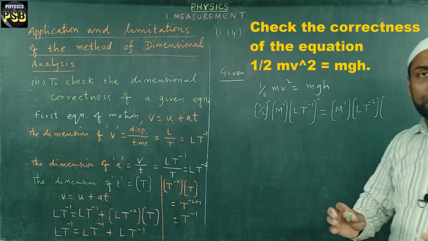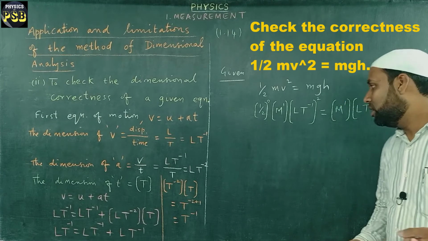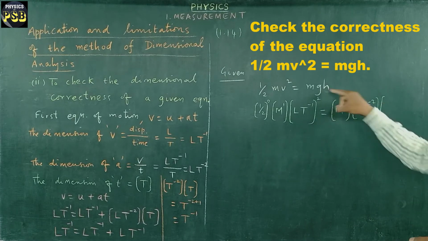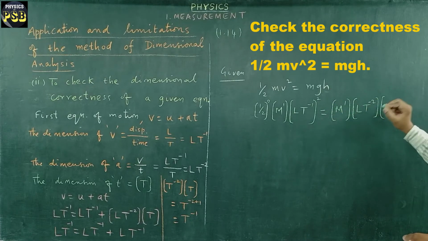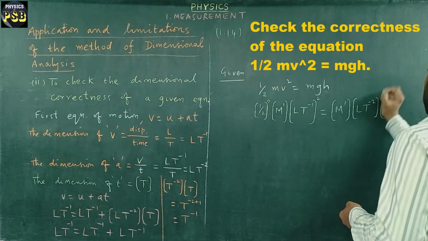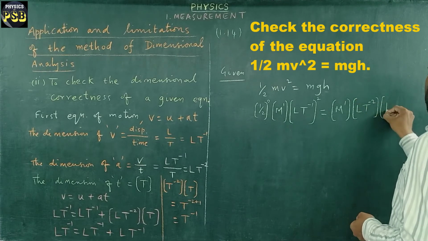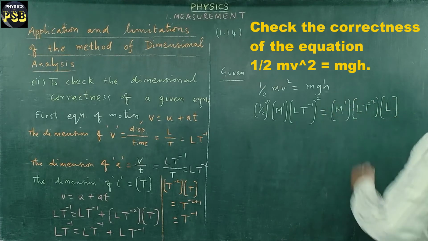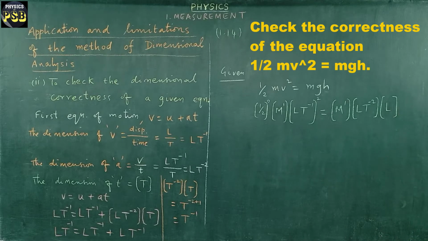Height is measured in meter, so its dimension is, sorry, not M, it's L. Height is similar to length, so the dimension of height is L power 1.